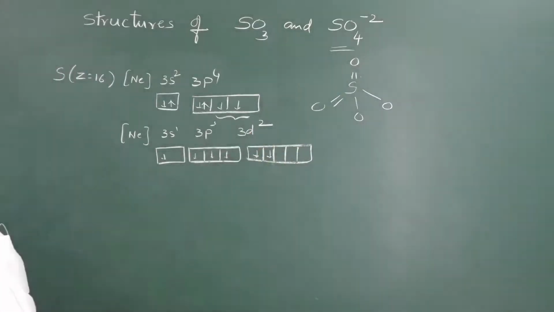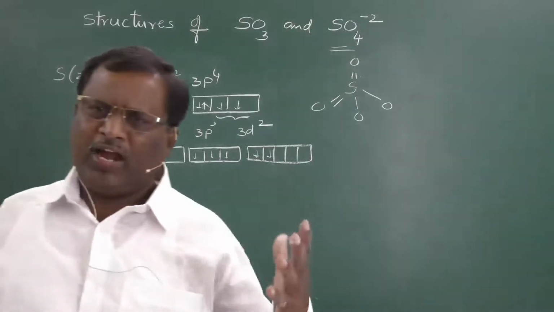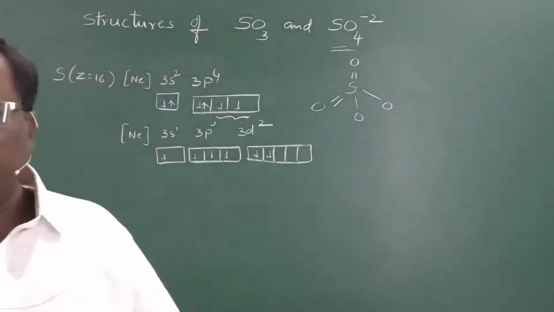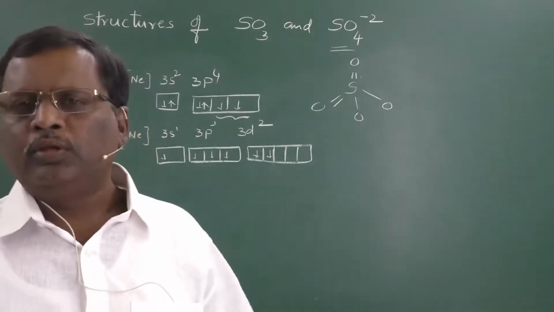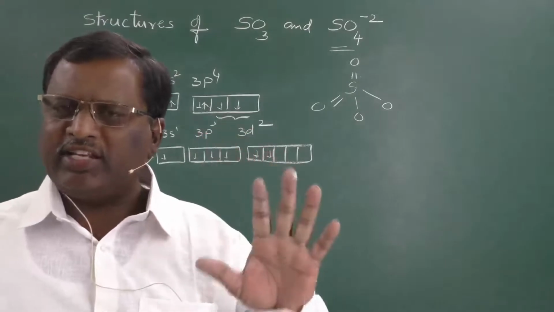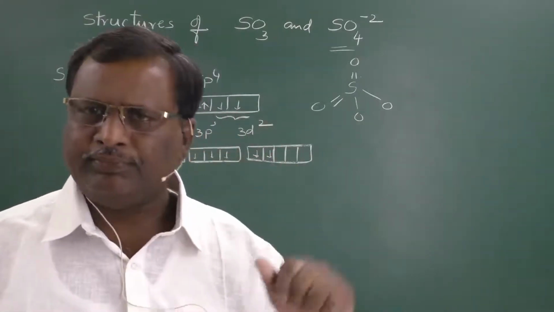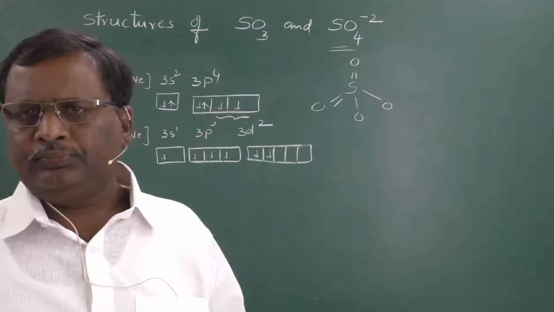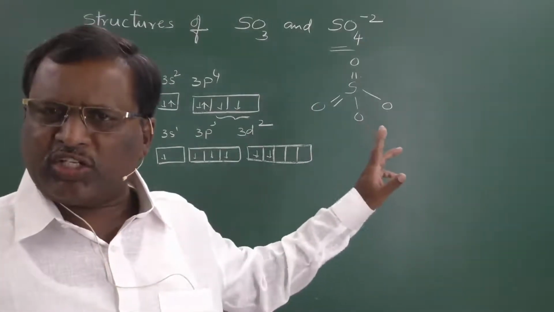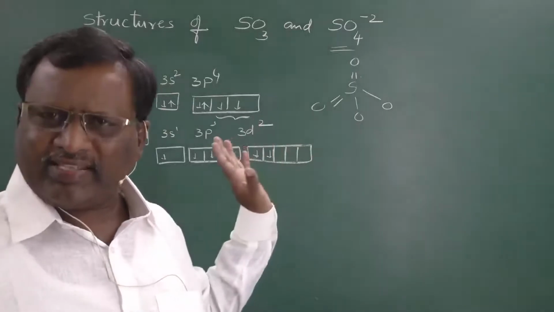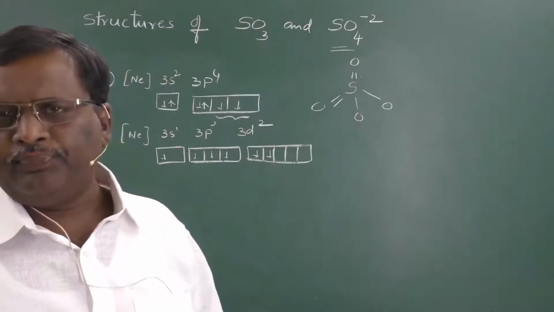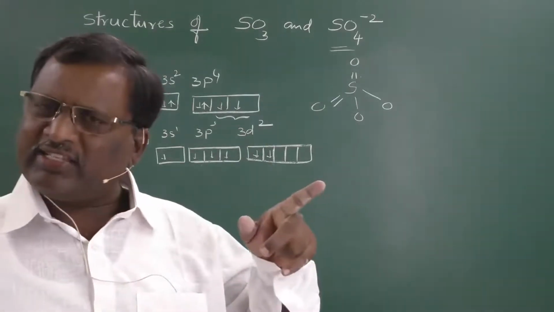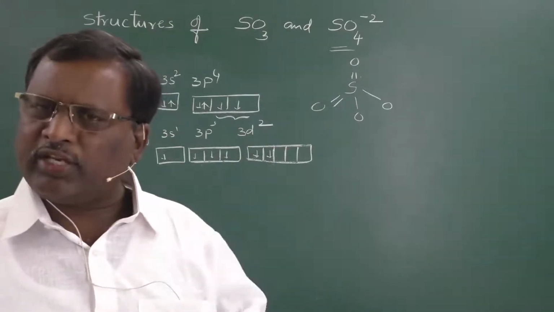Now the question is, which type of hybridization is the sulfur atom involved in for the formation of SO4 minus 2. Remember, hybridization is completely a hypothetical theory. Based on the structure of the molecule only, we can decide which type of hybridization is involved. In the previous case, in the structure of SO3, 3 pi bonds and 3 sigma bonds are found.